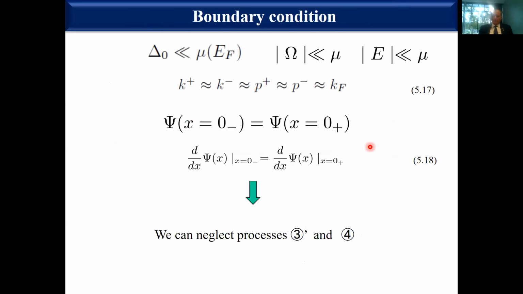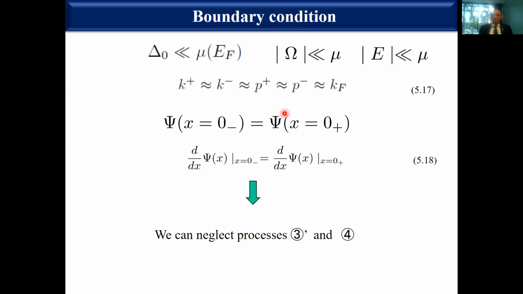Then we postulate that the wave function is continuous at x equals 0, and the derivative is also continuous at x equals 0. But here we assume, quite reasonably, that the magnitude of the pair potential is much smaller than the chemical potential or Fermi energy, and that the absolute value of omega, the energy, is also much smaller than the chemical potential.